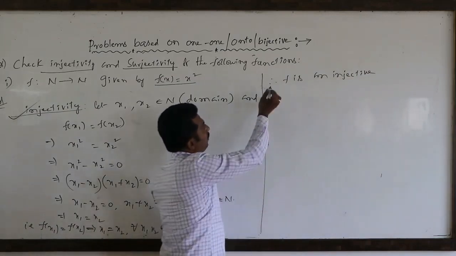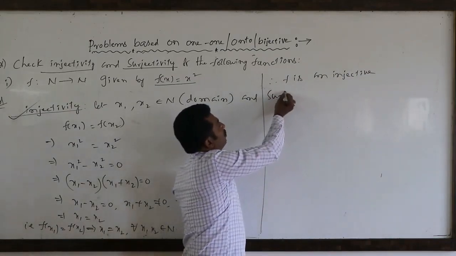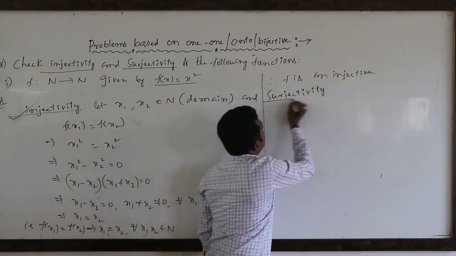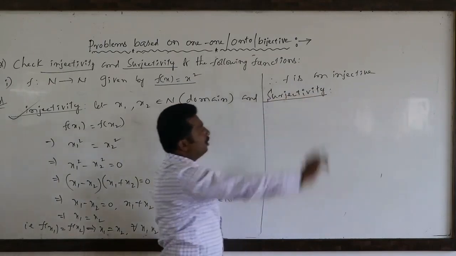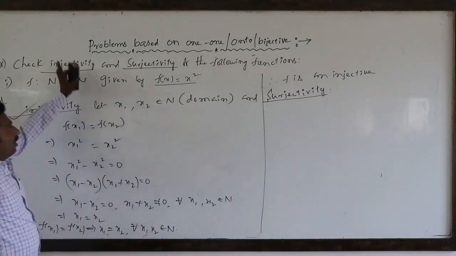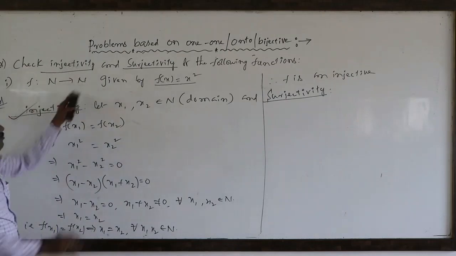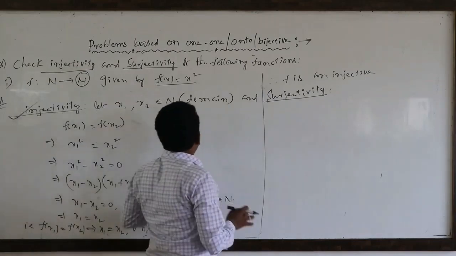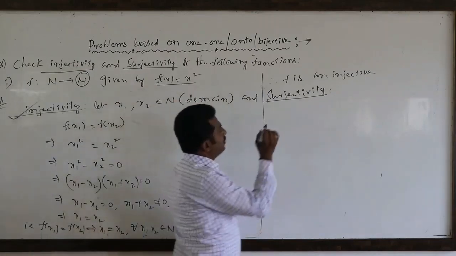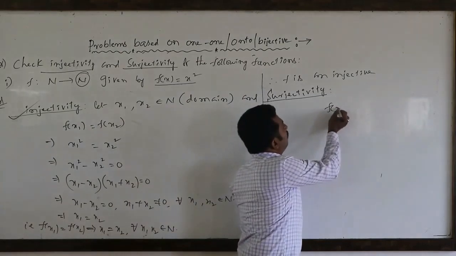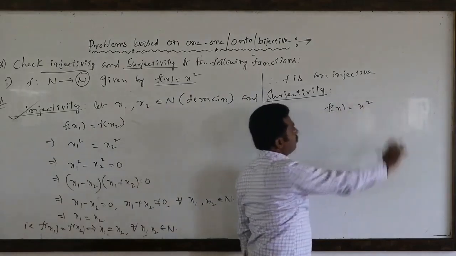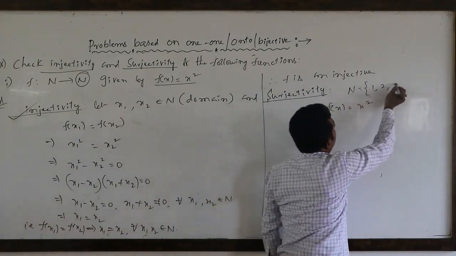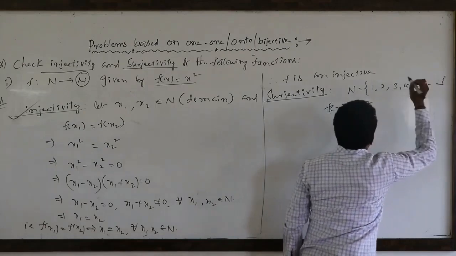Next, surjectivity. Surjectivity is nothing but whether this function is onto or not. So first we will calculate the range. The codomain is the set of natural numbers. What is the range of the function? The given function is f of x equal to x square. The domain elements are the natural numbers 1, 2, 3, 4, 5 and so on.